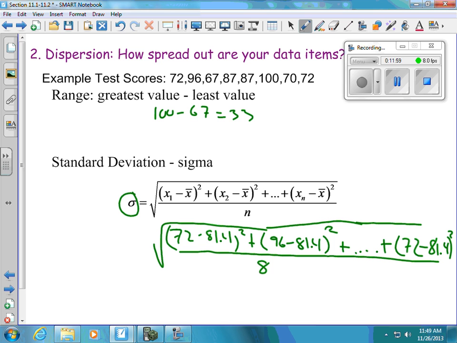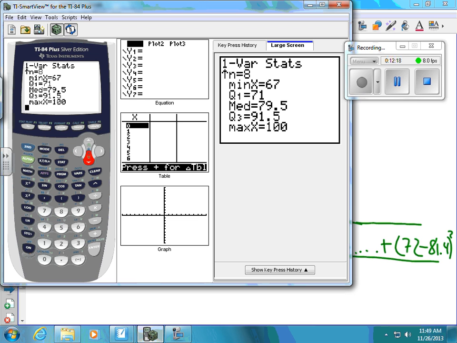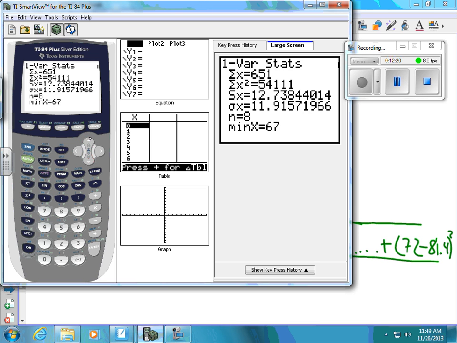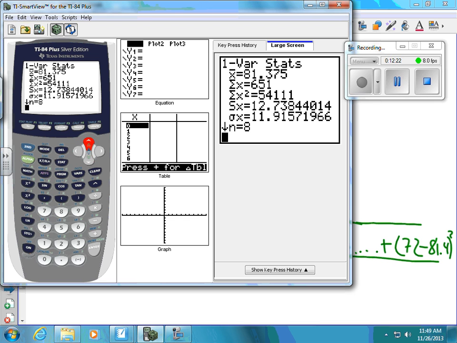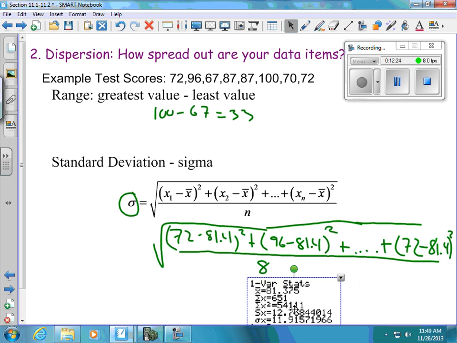I don't know about you, but I think that we all have better things to do with our time than to plug this in and do it by hand. There is a way you can do it. And if you don't have a calculator like the one we have in class at home, and you're making up an assignment or you're absent, you will have to do it this way by hand. But on our calculator, we can use the standard deviation, and that is this.